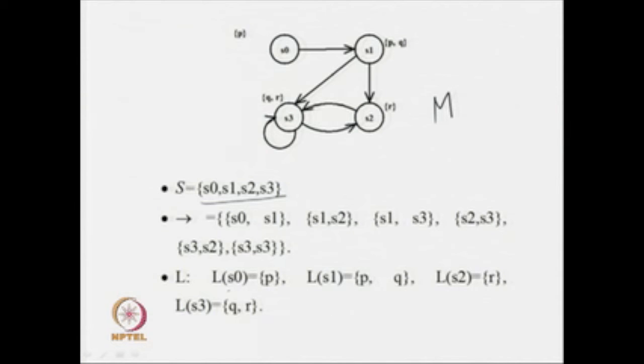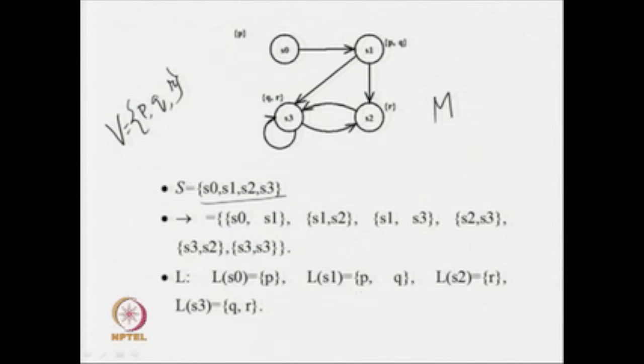Now, what will happen in this model? We have the set of atomic propositions as P, Q and R. The labeling function says that L of S0 is P. That means atomic proposition P is true in S0, and indirectly it means that Q and R are false in S0.